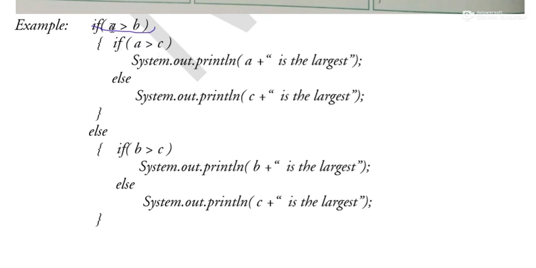Otherwise, if the statement is false, then it comes into the else part and checks if b is greater than c. If this statement is true, then this message will get displayed, otherwise this message will get displayed. So if the first condition is true, then the second condition is checked, and if a is greater than c, then it will display a is the largest, otherwise it will display c is the largest.